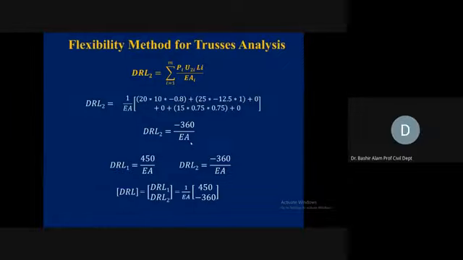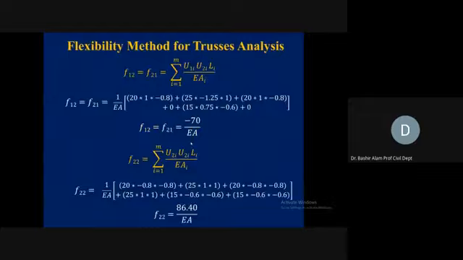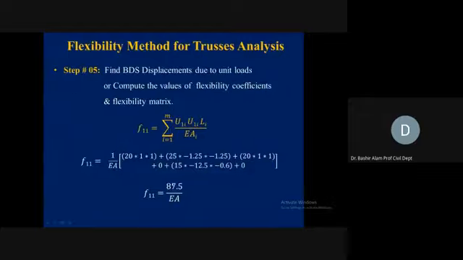Anyways, and match it. So this is for the second member, this is for the third member, 0 is from fourth, this is from fifth, and this is from the sixth member, contribution from all the members.